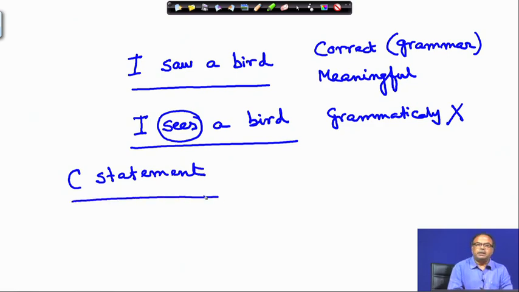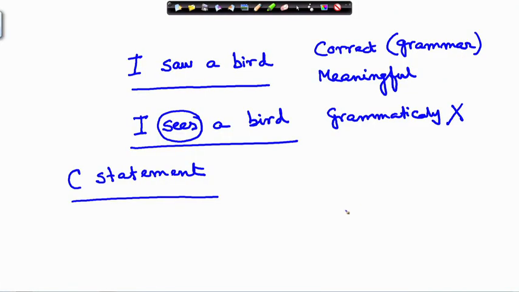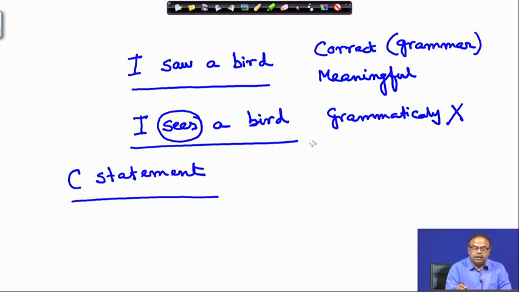Now, a C statement, that means a statement in the language C, will consist of some valid words in C, and also it will have to follow some grammatical rules of C. Unfortunately, here, although it is grammatically wrong, I could understand the meaning of this, but a C statement, if it is grammatically wrong according to the grammar of C, okay? If it is not in tune with the grammar of C, then it is grammatically wrong.